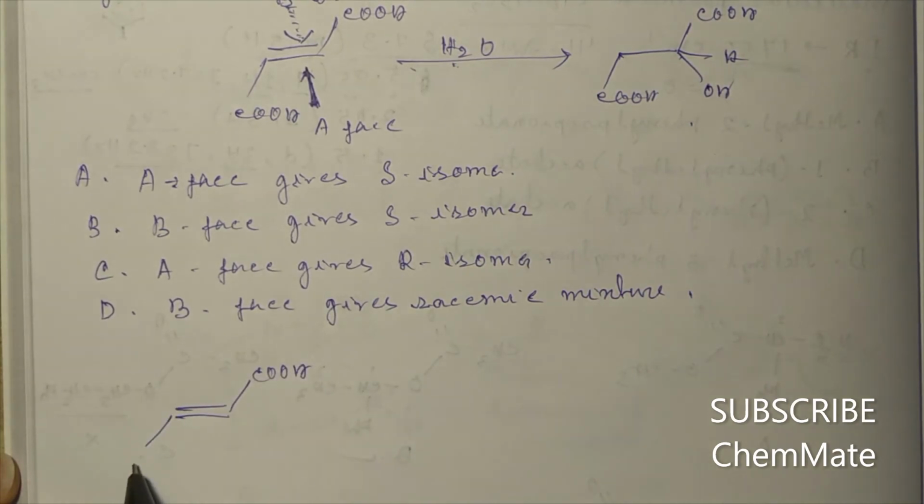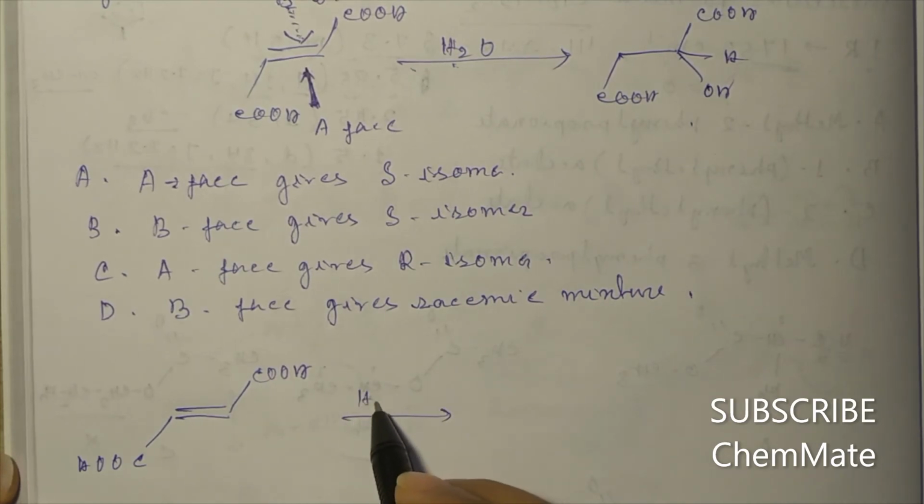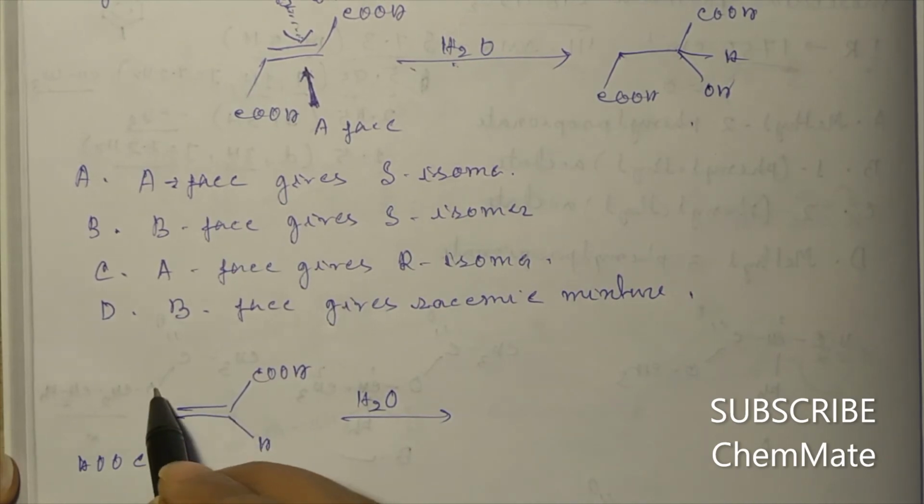So this is fumaric acid. Now this is A face, so above the plane. If H2O comes from above the plane, then here is a hydrogen.